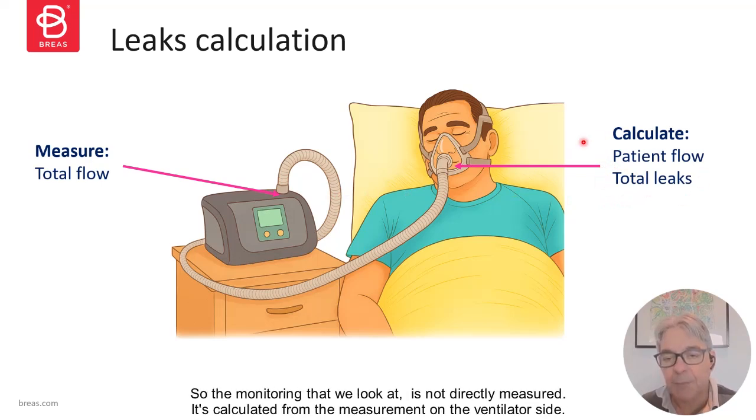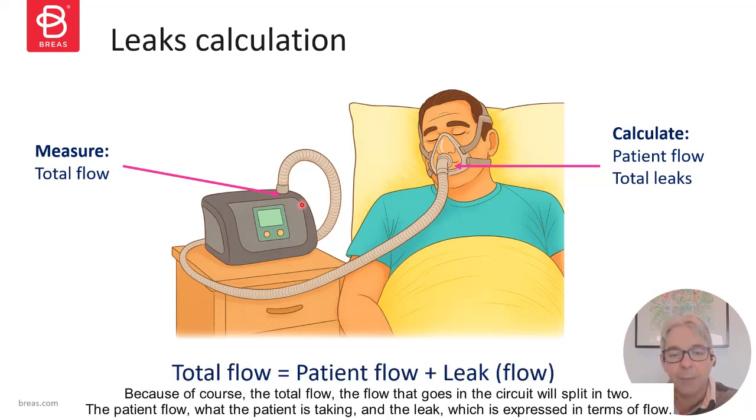So the monitoring that we look at is not directly measured, it's calculated from the measurement on the ventilator side. Because of course the total flow, the flow that goes in the circuit, will split in two: the patient flow, what the patient is taking, and the leak, which is expressed in terms of flow.